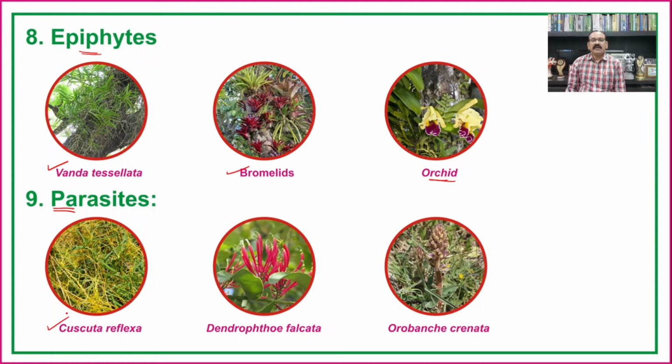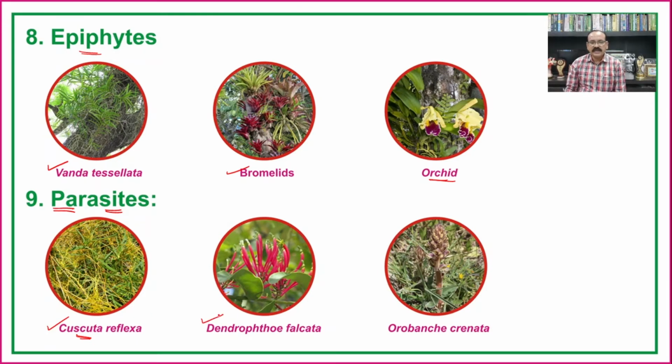Here Cuscuta depends upon the other organism for the mode of nutrition, and it is a leafless plant, just a wiry structure which is yellow in color and grows on another plant and also absorbs the food material. Such plants which grow on another plant and also absorb some amount or the complete food material are known as parasites. Here Cuscuta is an example of the total parasites.